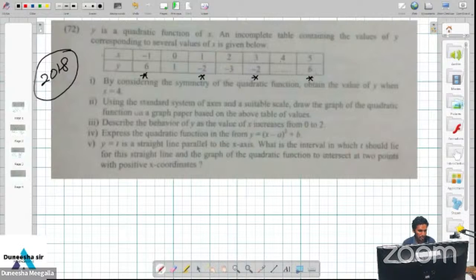It's exactly symmetric, so what is the value? Both sides must be exactly equal. So what is the value? It's 1. Now can you draw the graph? Using a standard system of axes and a suitable scale, draw the graph of the quadratic function.